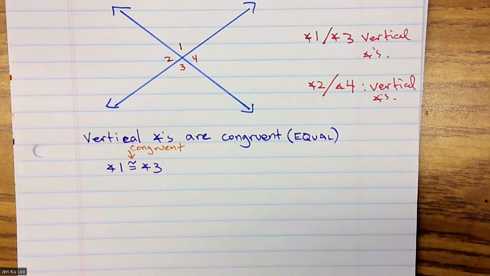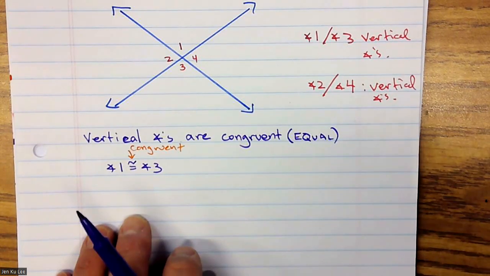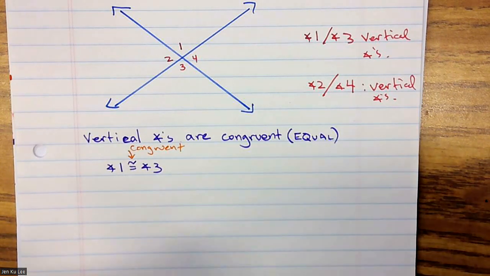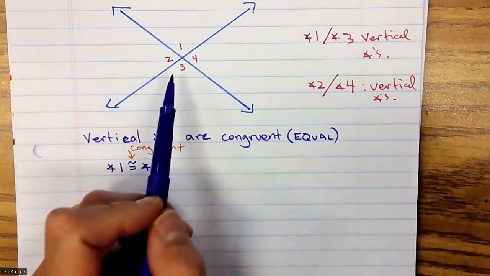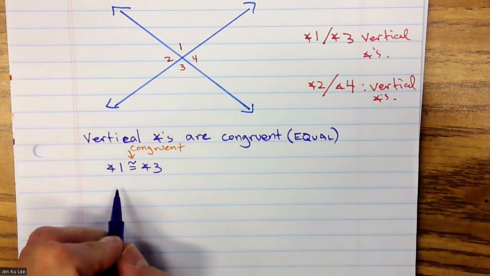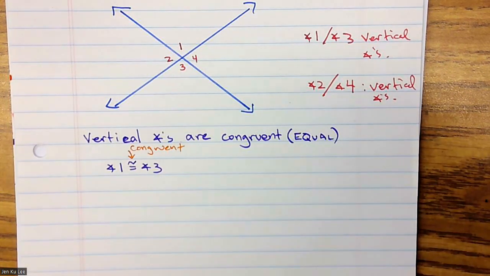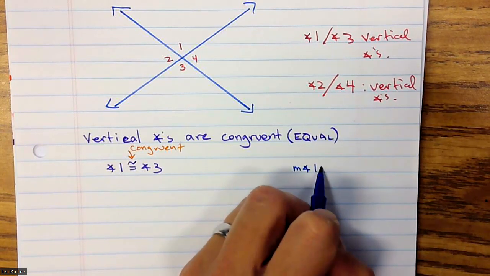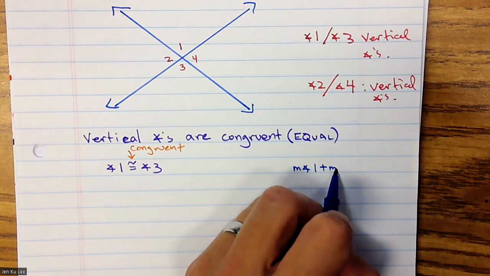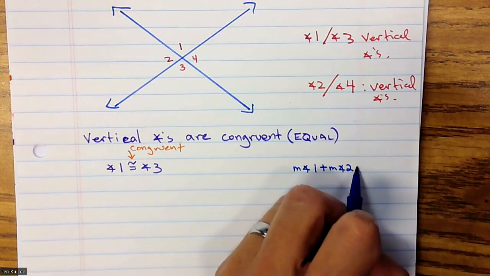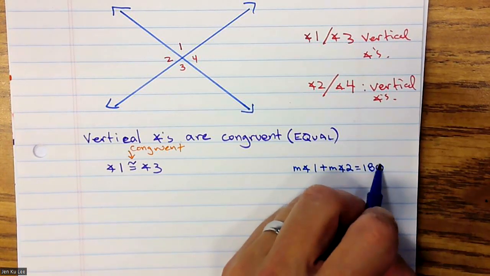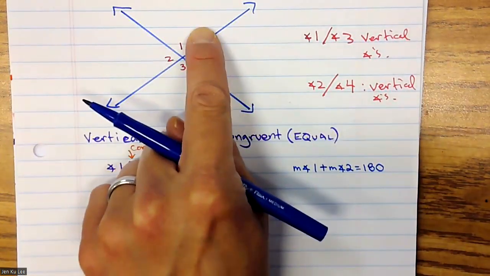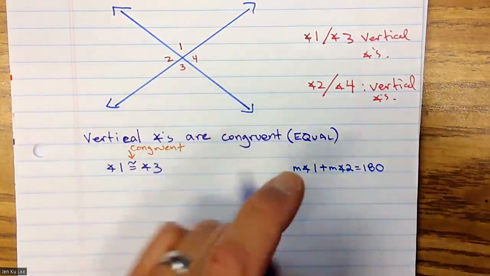Okay, so we did it on the board. I can say here that the measure of angle 1 plus the measure of angle 2 equals 180 because they are linear pairs. They make up this line.